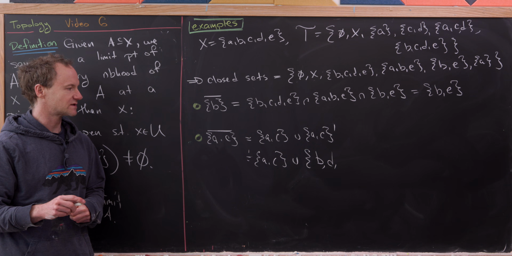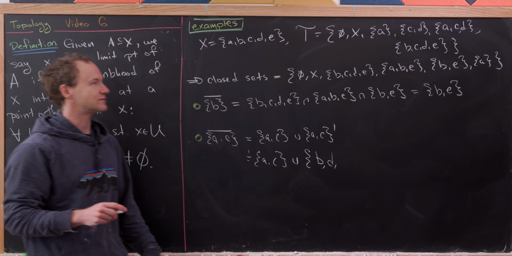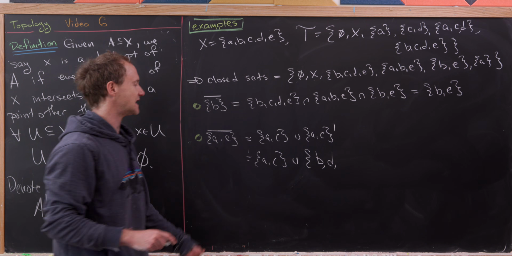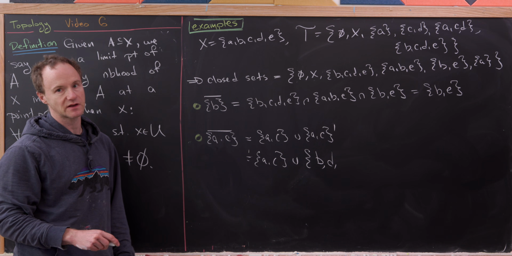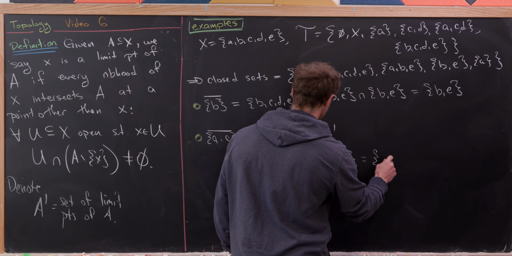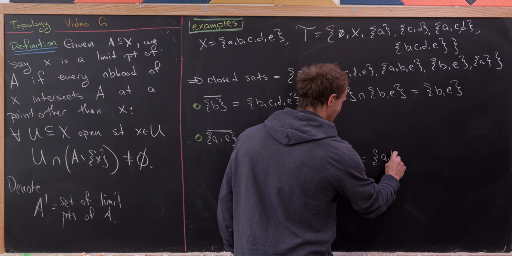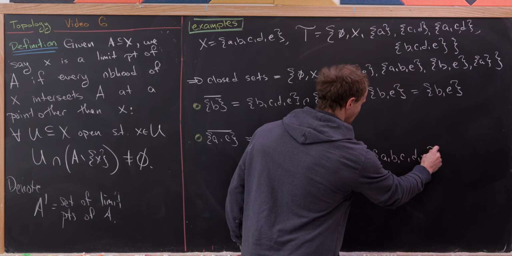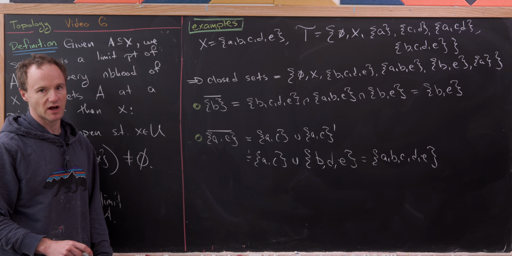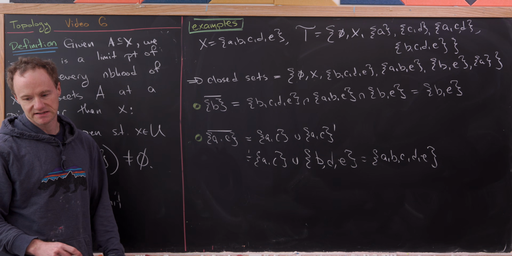We've got one more point to look at, and that would be E. Observe that we've got a single neighborhood of E, and that's this open set B, C, D, E. That intersects non-trivially with our original set, meaning that E is also a limit point. Putting this all together, notice that everything, in other words, the entire topological space, is in fact the closure of this AC.